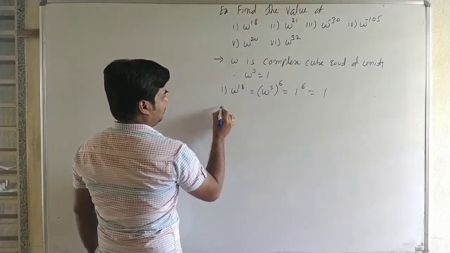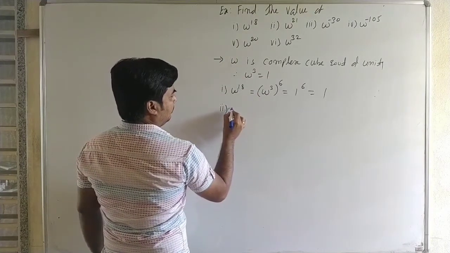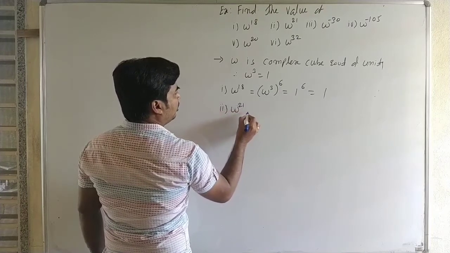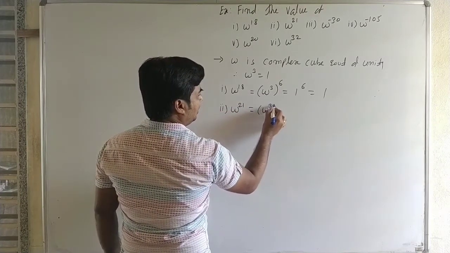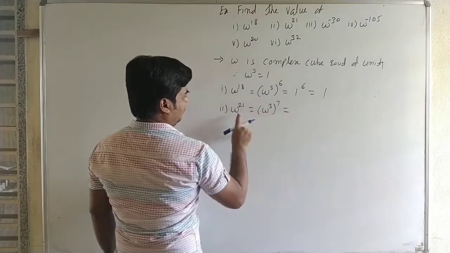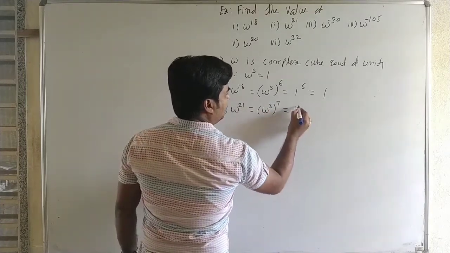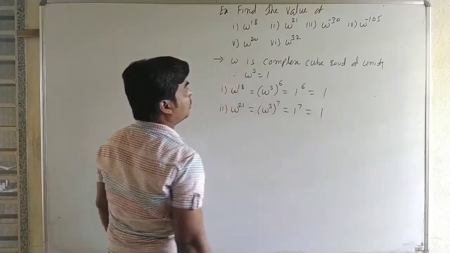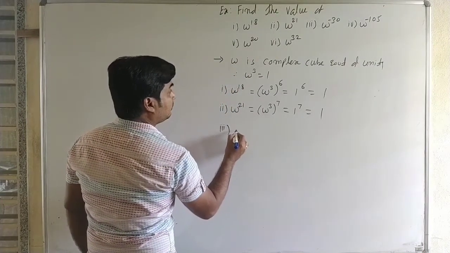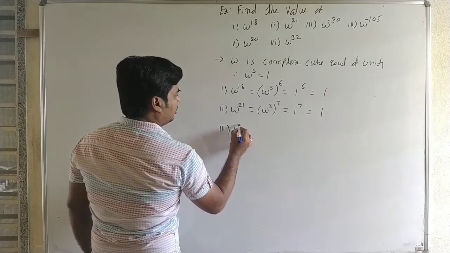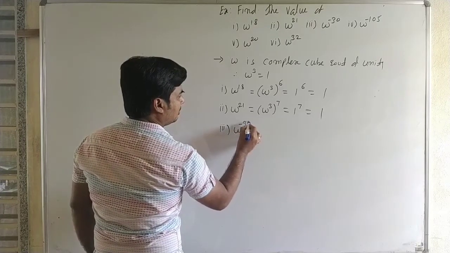Then second example, omega to the power 21. Again 21 is divisible by 3, then it is 1 to the power 7. Again it is 1. Then third example, omega to the power minus 30.